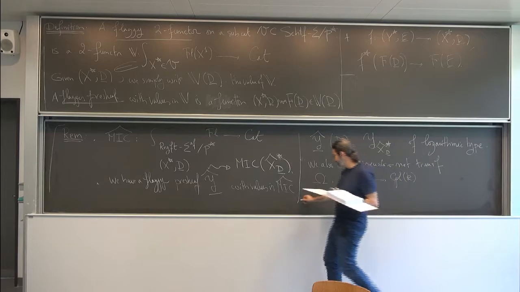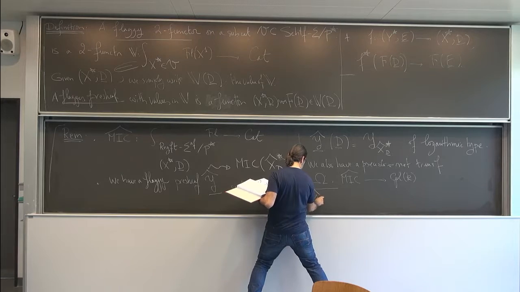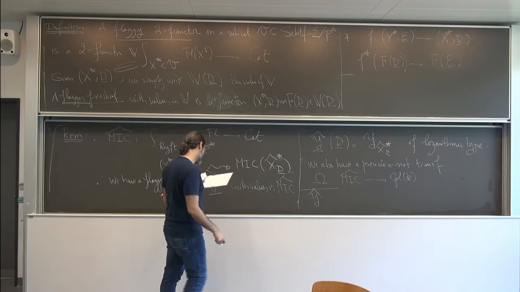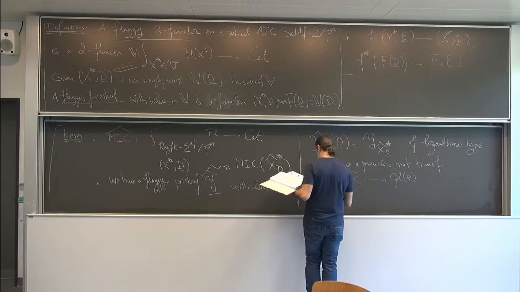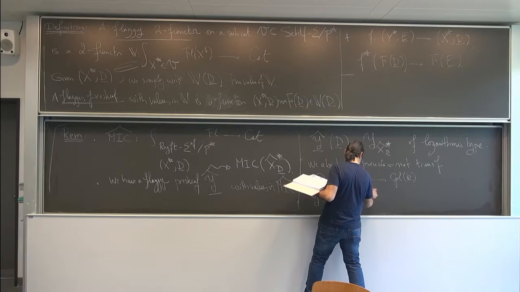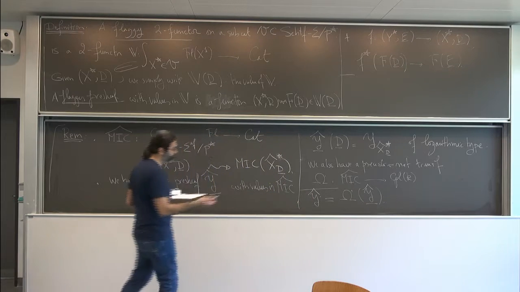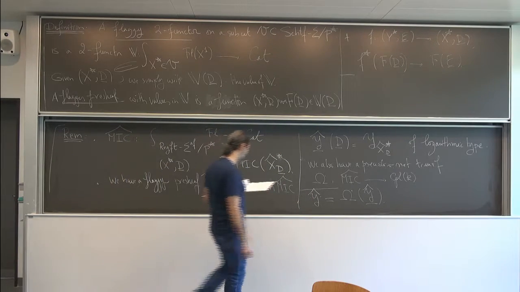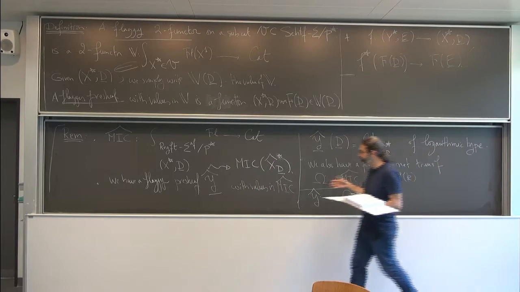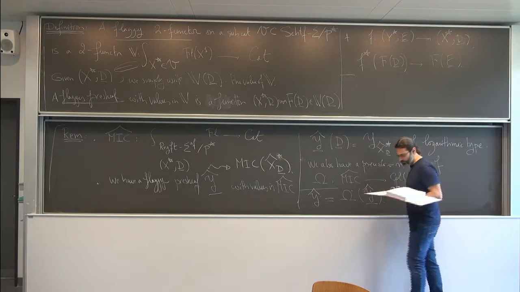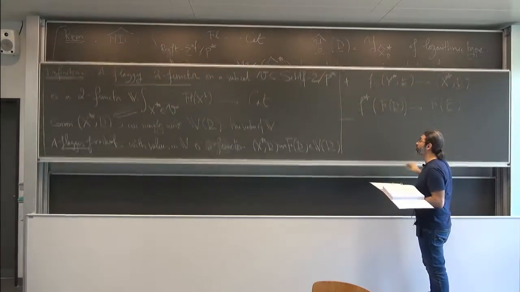So with this notation, y, the thing that we are interested in, is simply given by the de Rham complex applied to this thing. By construction this will be a complex of flaggy presheaves. So this is our y, and we want to get rid of the completion in the construction of this. Okay, so we are close now.